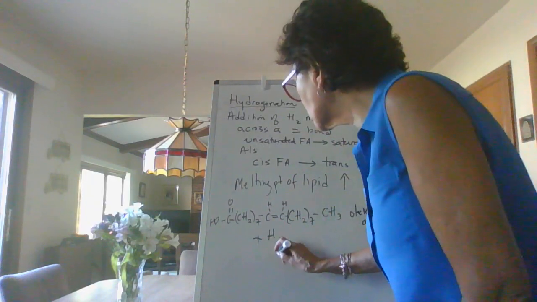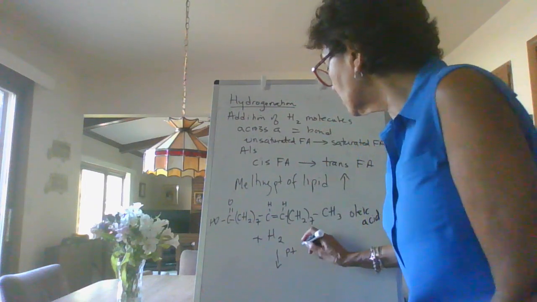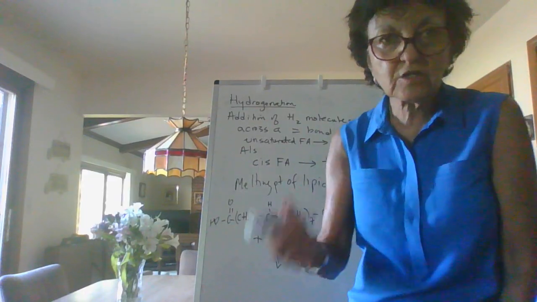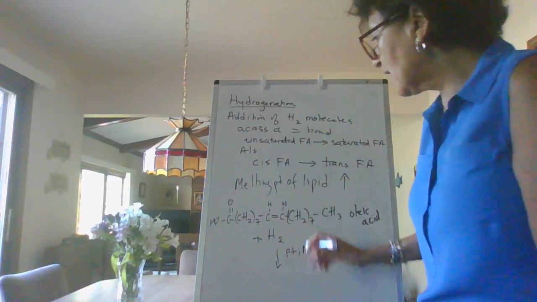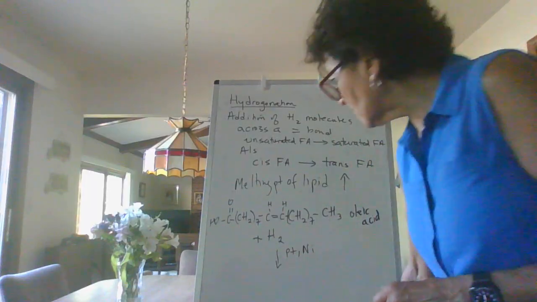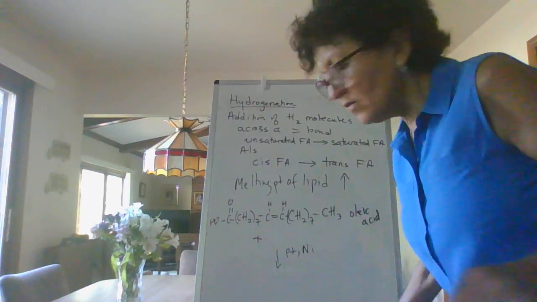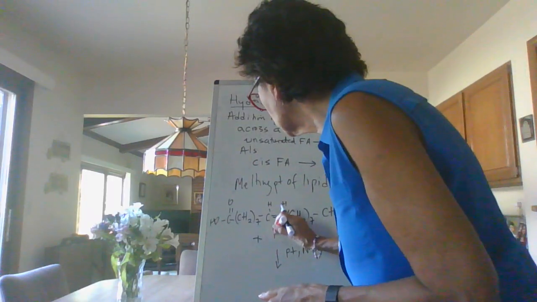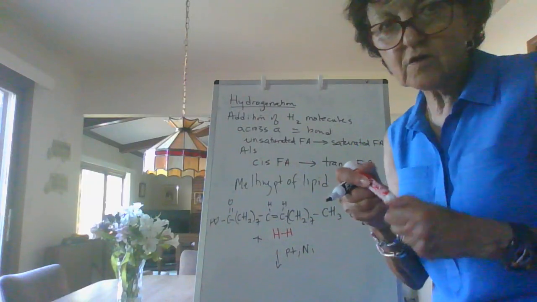All right, so with a platinum catalyst or a nickel catalyst, and some heat and pressure, just like we did with hydrogenation back in week 2, what's going to happen? Well, think of these H's. I'm going to do it in red so that you see the difference here. This is H and another H. It's a diatomic molecule, all right?